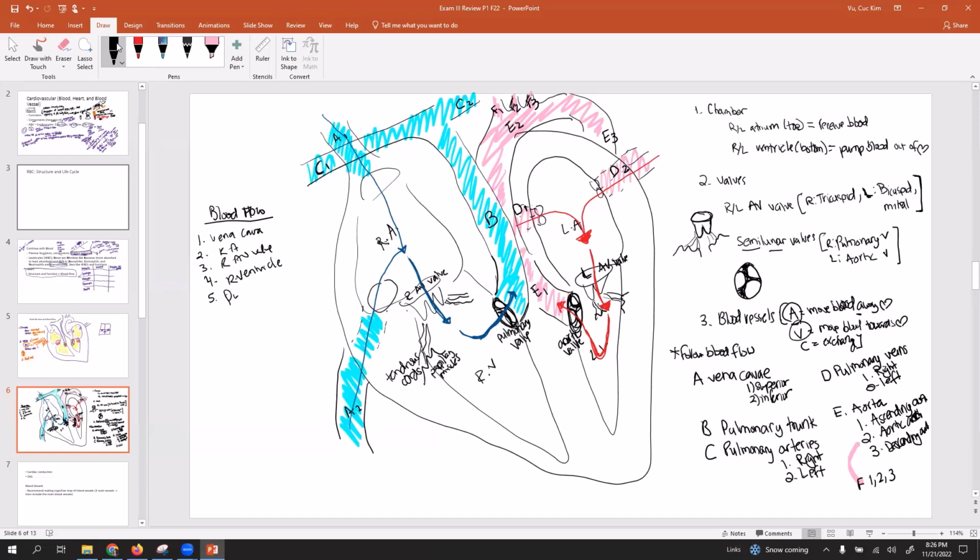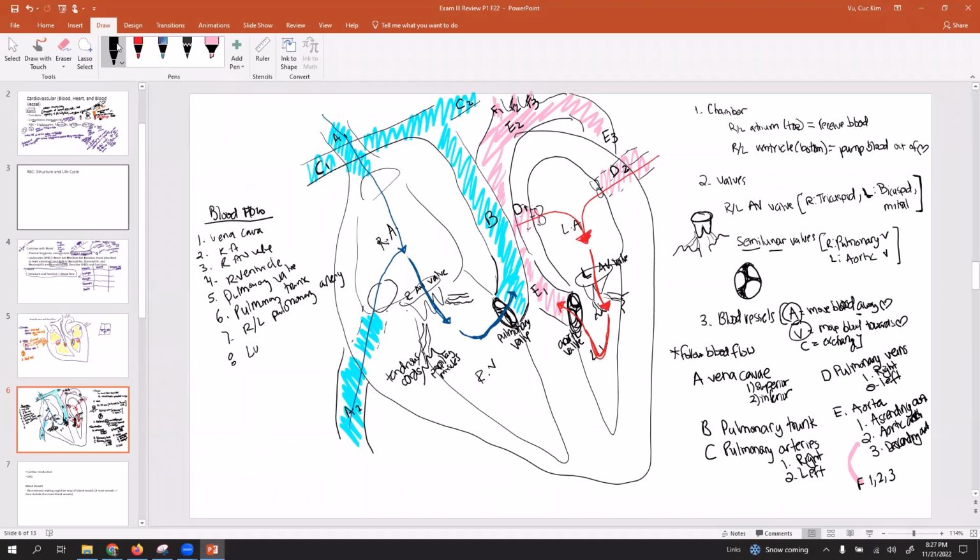Oh, well, maybe I was right the first time. The trunk. Well, I guess it gets to go through the valve first, right? Yes, there you go. It goes through the valve first, and then you're right. The pulmonary trunk. And then it becomes the right and left pulmonary what? Artery. Very good.